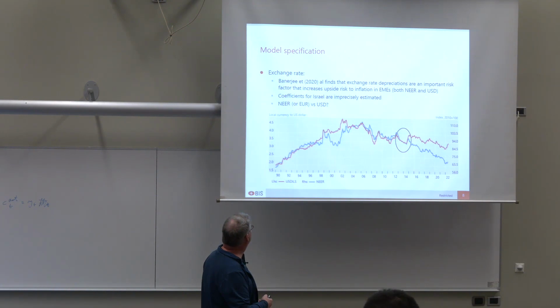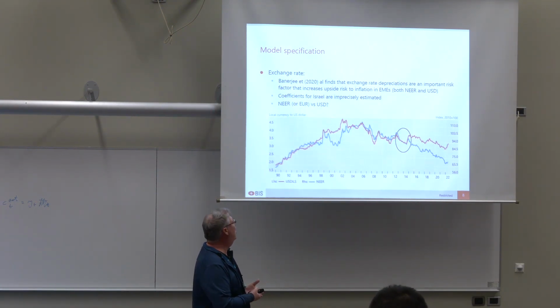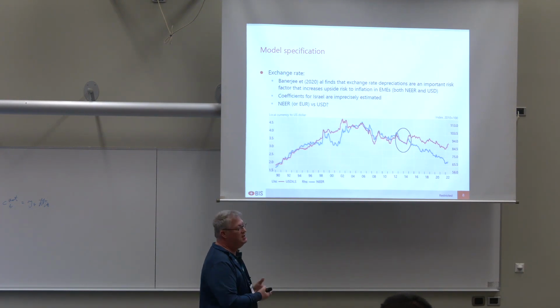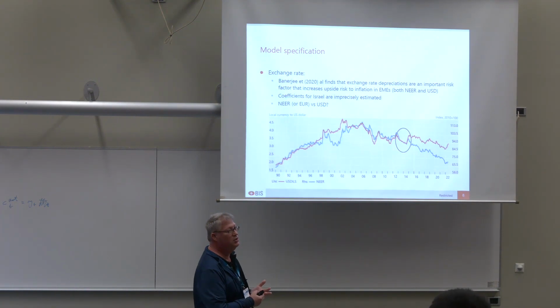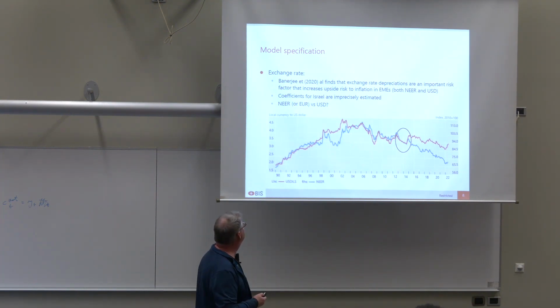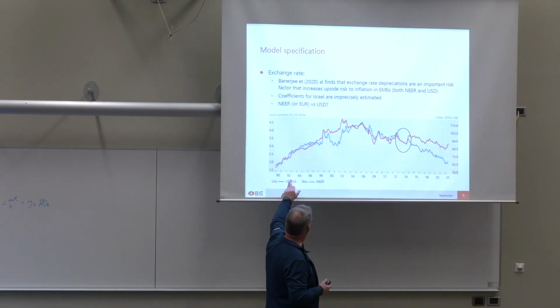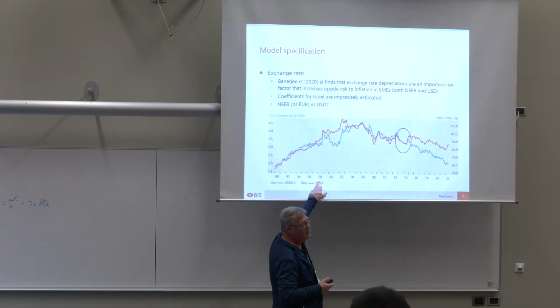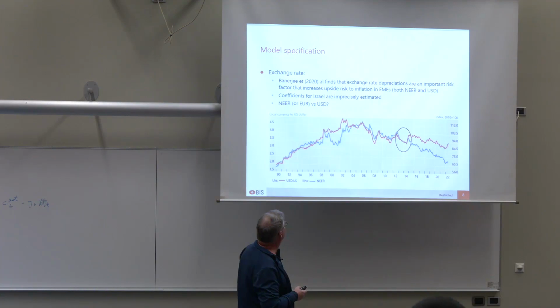The other thing that surprised me is that the exchange rate is not statistically significant. Now, based on our analysis of emerging markets, this is one of the most important factors driving inflation risk in emerging markets, using different measures of the exchange rate. Here I'm plotting the bilateral US dollar exchange rate and the nominal effective exchange rate.